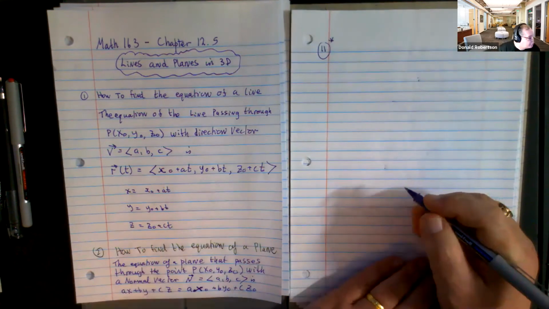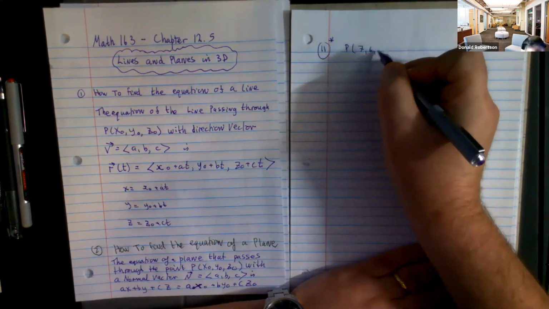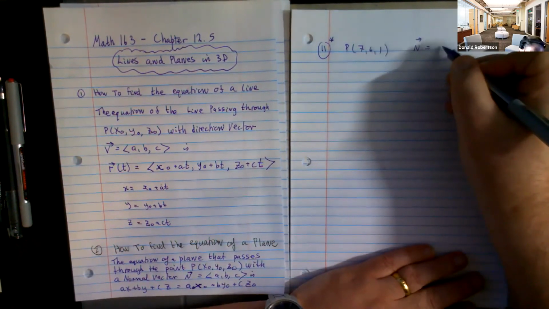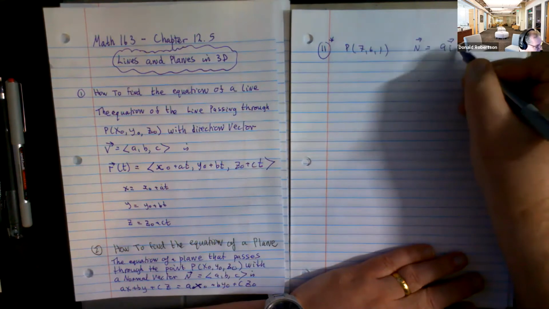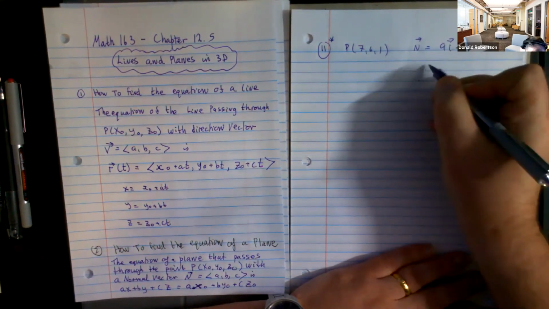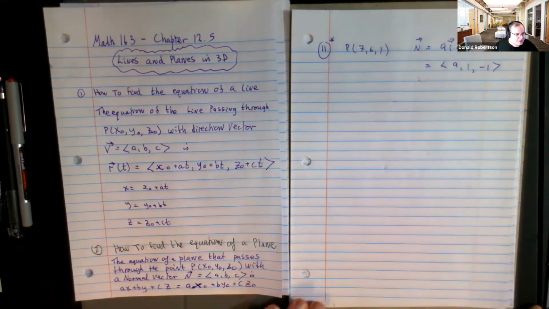This is an example of question 11. The point is given, and the normal vector is written as 9i + j - k. Of course, you know me, I write it like that. It's the same thing.